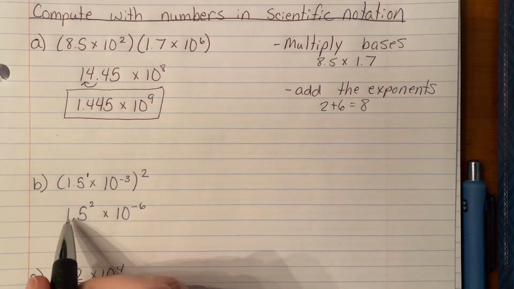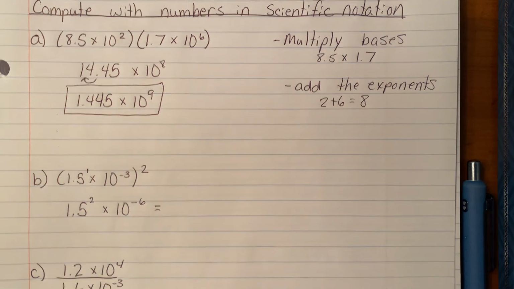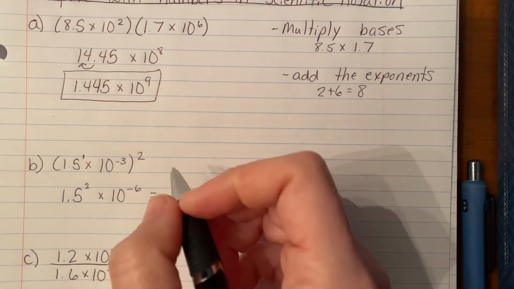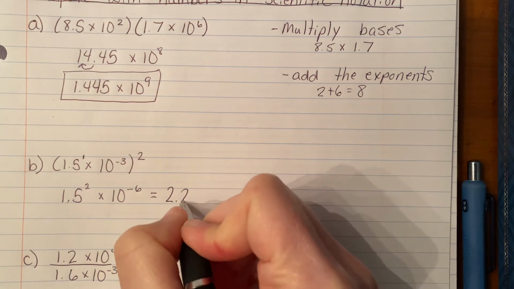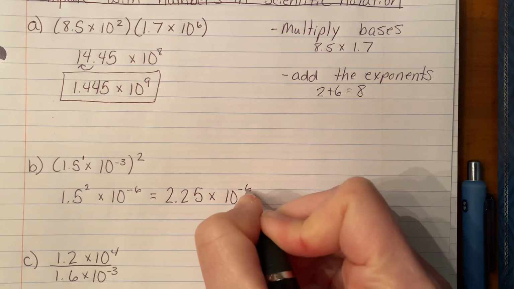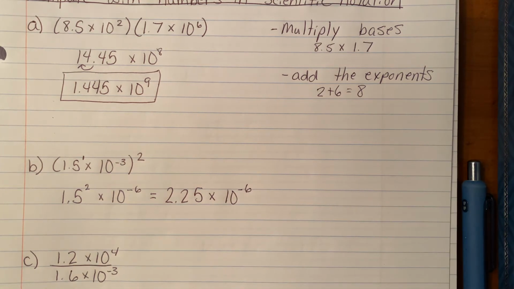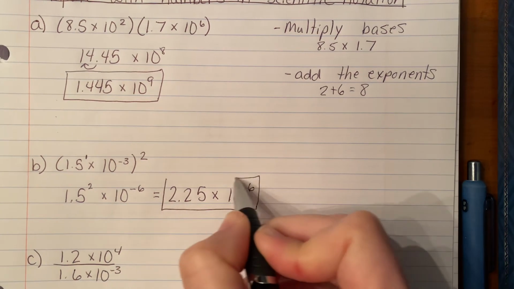Okay, then let's go ahead and square 1.5. So 1.5 times 1.5. Don't do it times 2. And then we will get 2.25 times 10 to the negative 6. Is this between 1 and 9? Yes, so we don't have to do anything else to it. That is our answer.